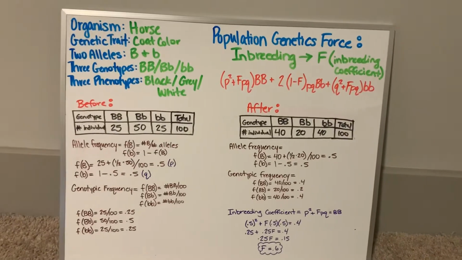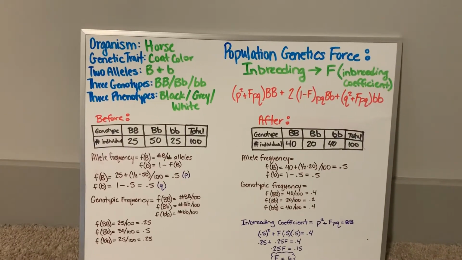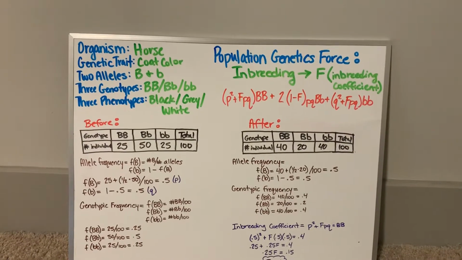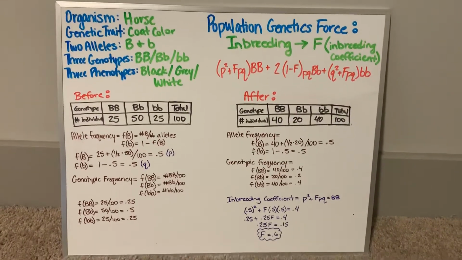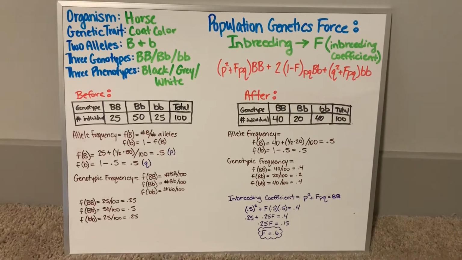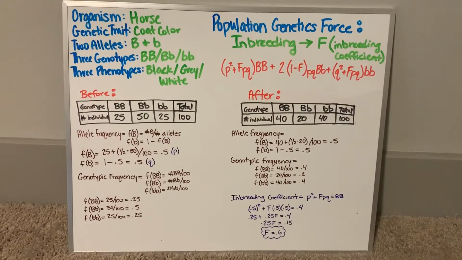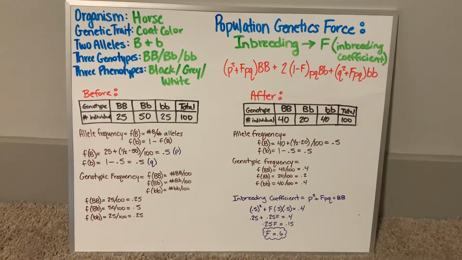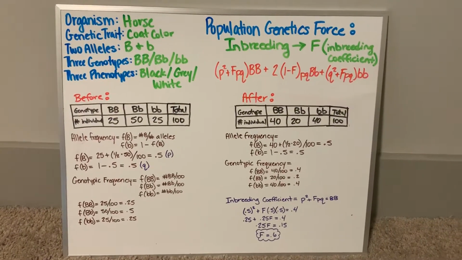Inbreeding is the mating of relatives that changes the frequency of genotypes, but not the allele frequency. So that's the way we can double check at the end to make sure that our before and after numbers are correct. And then we can also look at the inbreeding coefficient, which measures the probability that two alleles are identical by descent.